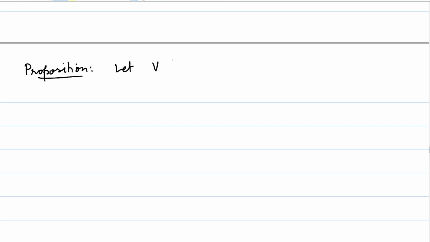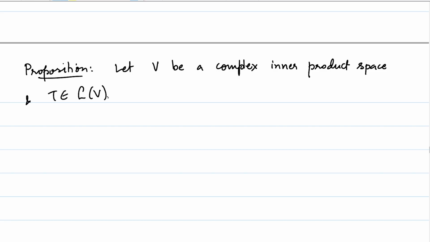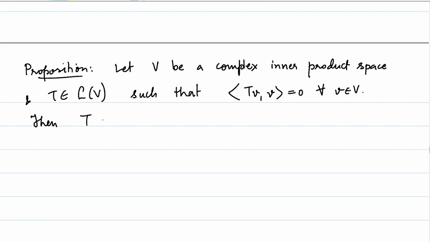Let V be a complex inner product space, and T be a linear operator on V such that the inner product of T v with v is 0 for all v in V. Then this forces T to be identically equal to the zero linear operator.